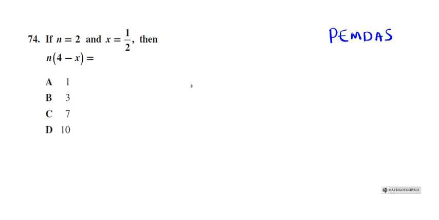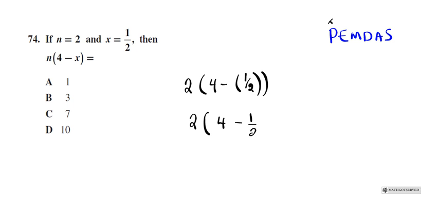All right, so let's do this. So we have 2, replacing n with 2, times 4 minus, replacing x with 1/2. Okay? Now, in the order of operations, what do we do first? Multiply, subtract, or parentheses. You do the parentheses first, all right? So let's evaluate the parentheses. So we're going to have 2, parentheses 4 minus 1 over 2. For this one, I can subtract 1/2 from 4.